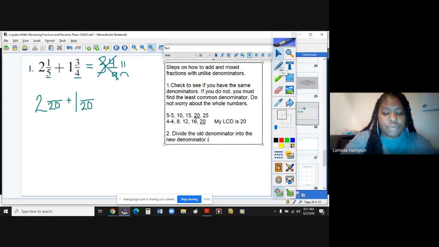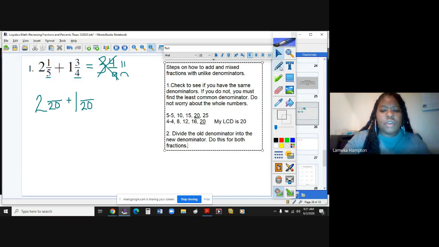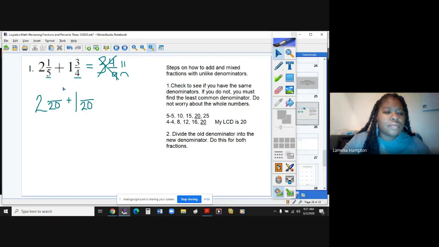And make sure you do this for both fractions. So when I say 20 divided by 5, that's going to leave me with 4. So I'm going to write multiply by 4 up there, okay?